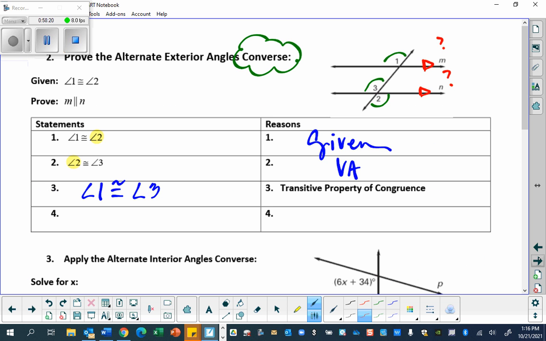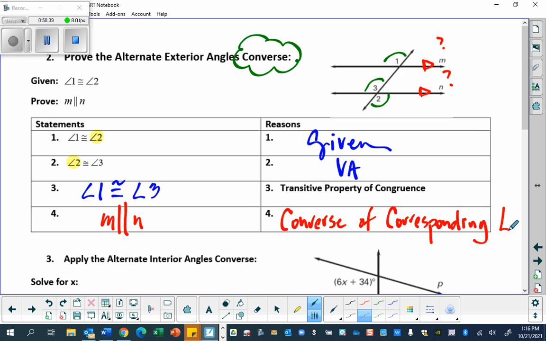So when I talk about M being parallel to N, that's going to be the converse of the corresponding angles postulate.